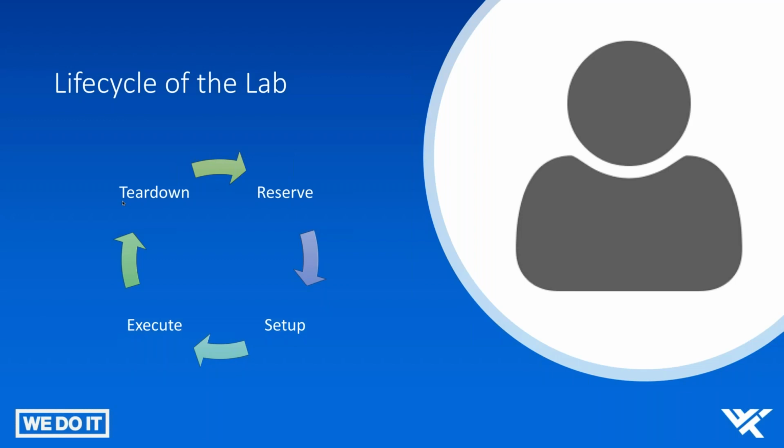And then once that setup is done, the engineer will execute the lab, and eventually his reservation will expire. And at that point, we'll need a way to tear down those devices and reset them back to a known starting point. And so this cyclical nature is really what drives, I think, a high need and easily justifiable reason for automation.